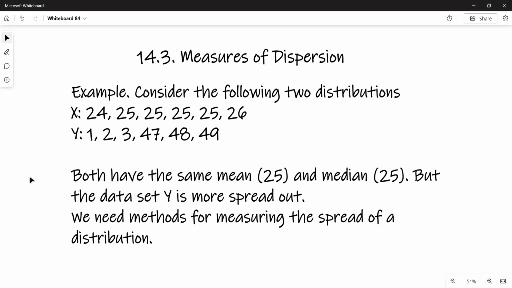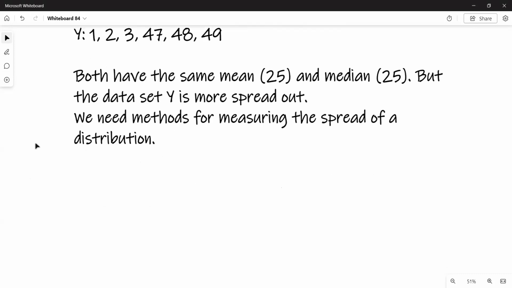The first measure of dispersion is the range. It's nothing but the maximum minus the minimum value.